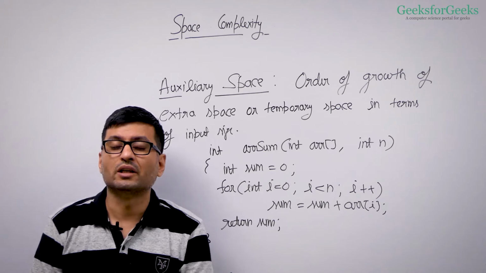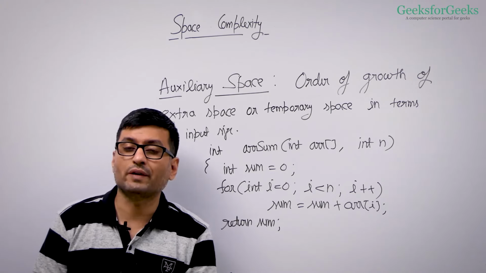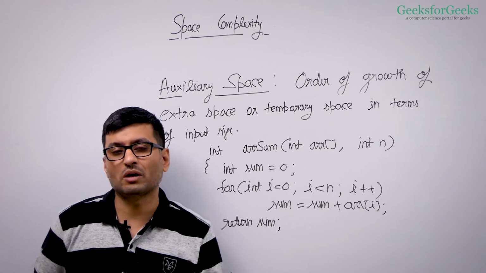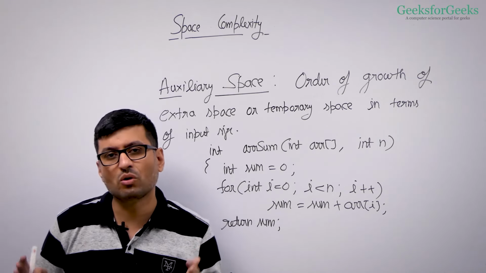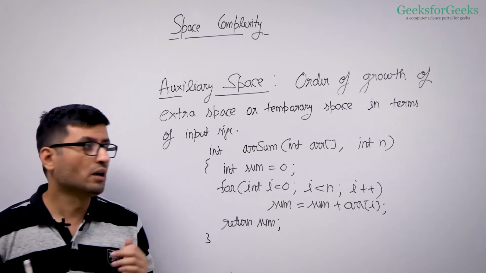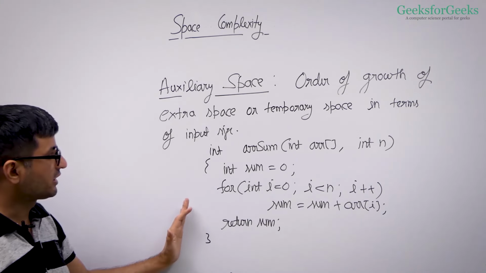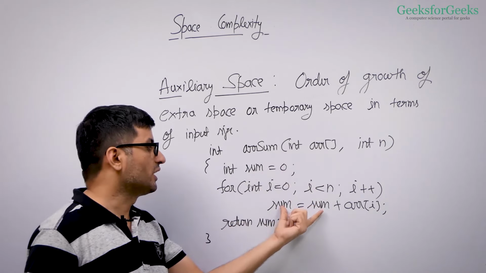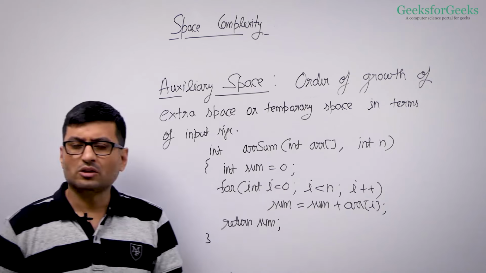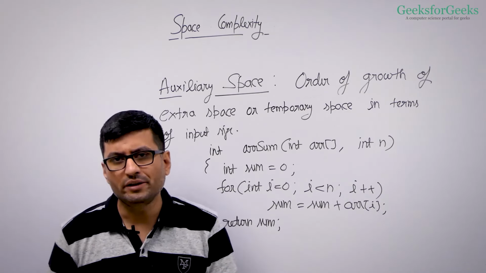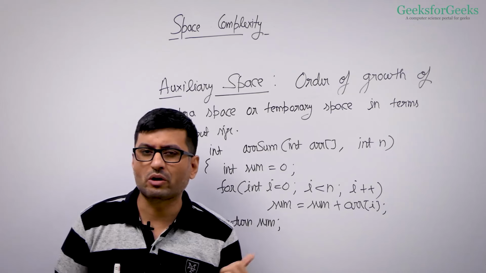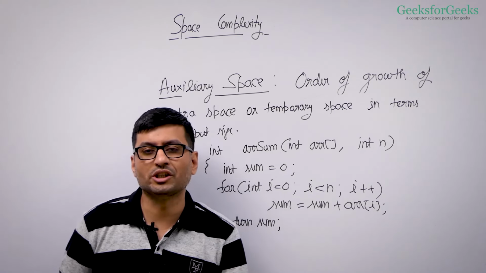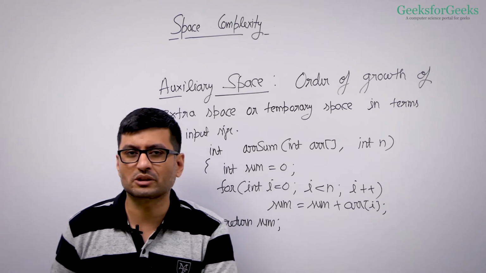Auxiliary space is the order of growth of extra space or temporary space that you create to solve a problem or to write code for a given problem. If you take a look at this array sum function, it takes an input array and finds the sum of elements in the array. So the space complexity of this program is clearly theta n, because the RAM space required for this program is going to grow linearly in terms of input size.